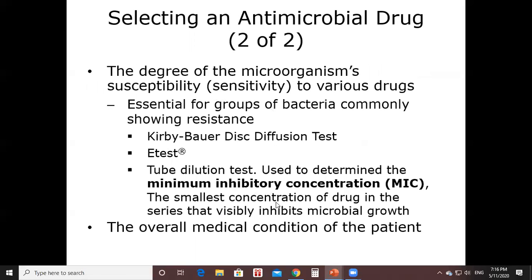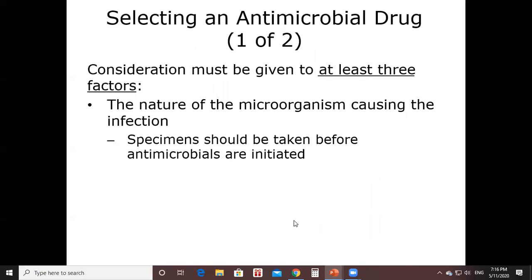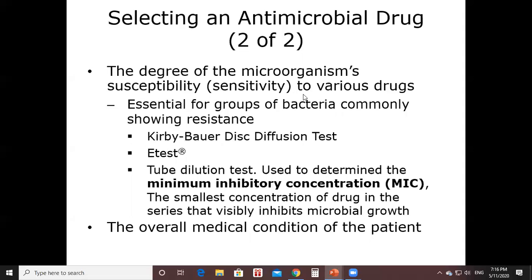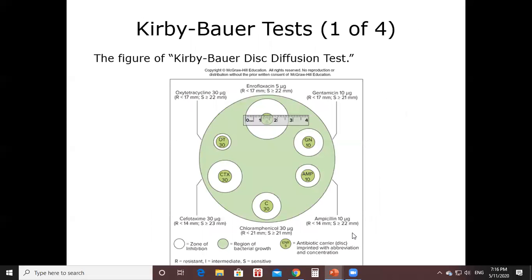That's the smallest concentration of a drug in a series that visibly inhibits microbial growth. And then you look at the overall medical condition of the patient. So think of those three: the nature of the microorganism, the degree of its susceptibility or sensitivity to various drugs, and the overall medical condition of the patient.